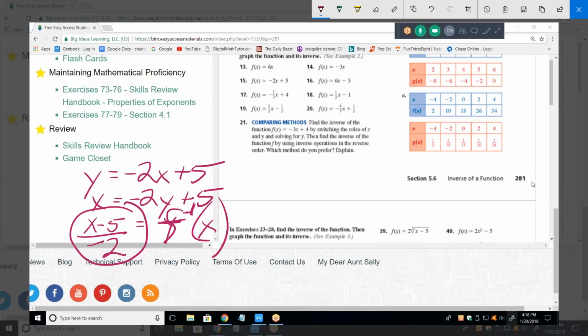Okay. Now, let's graph the first one. Where do I start? There's the y-intercept. The y-intercept is at 5. What's the slope?